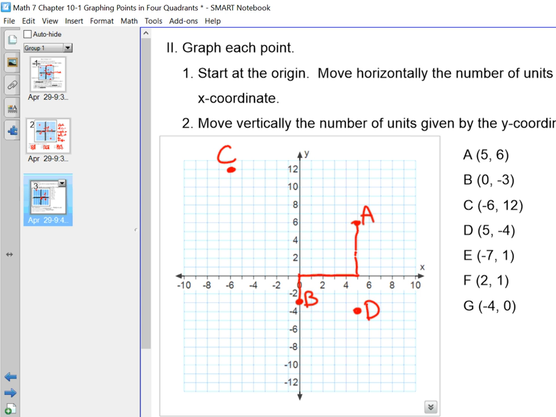Let's see if you can get point E correct. Point E would be a negative 7, 1, which is in quadrant 2. Can you get F?